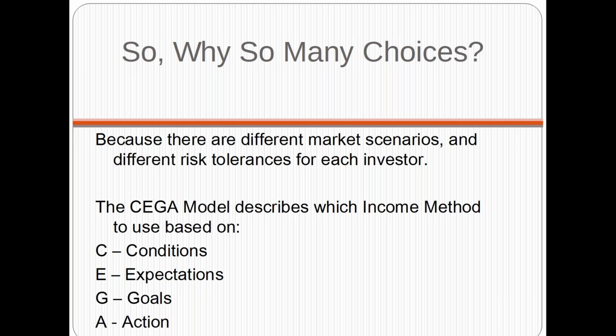For each one of the income methods in the blueprint, we discuss what's called the SIGA model, which is an outline and a decision matrix that describes which income method we are going to use based on the conditions of the market, what has happened to our position, our expectations going forward. Of course, you don't have to be a great stock picker.